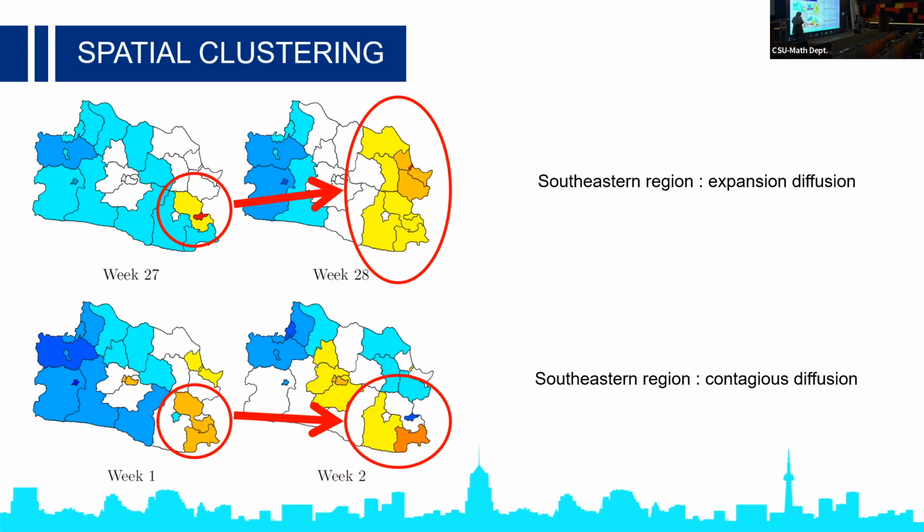And how about the southeastern region, contagious diffusion? We have week 1 in this area, all in orange, then it becomes yellow and also orange, and this is blue, and some become white. So this is contagious diffusion.